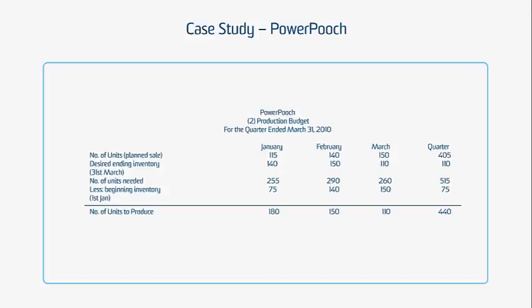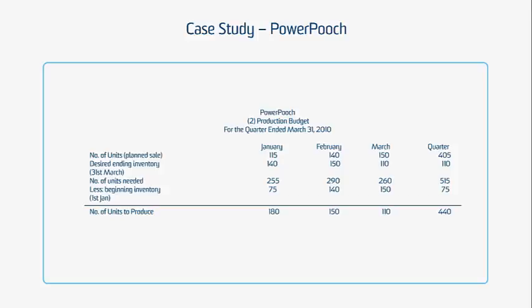So for January, it's the same as what we want to sell in February, so we make the entire production of next month in advance. So 140 in January, and in February we want 150, which is March's sales. And then in March we want to cover the 110 that we're going to sell in April.